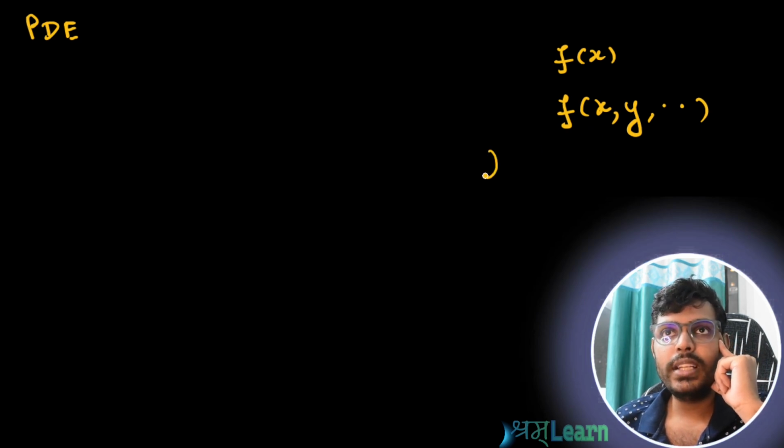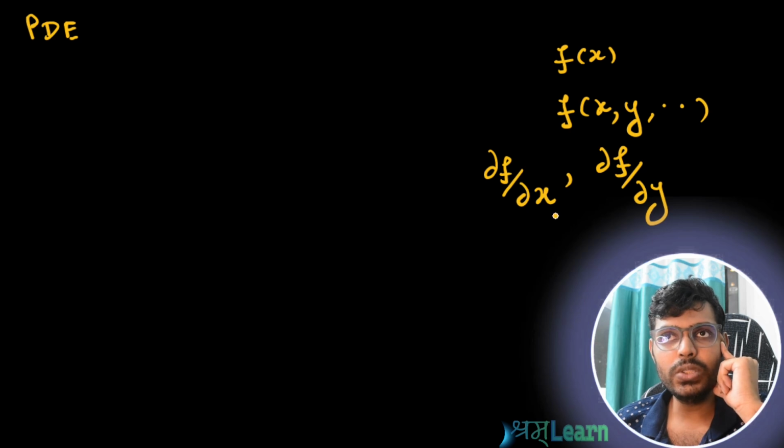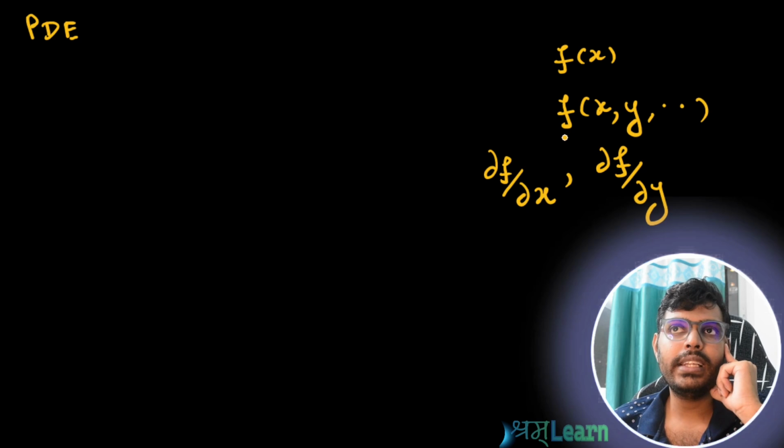Okay, so let's say df by dx, this is a partial derivative. df by dy is the derivative of f with respect to y only, and we are treating x as constant or other variables as constant.